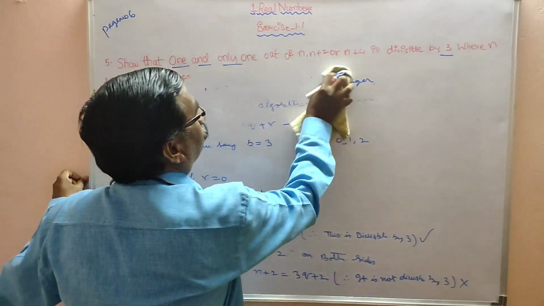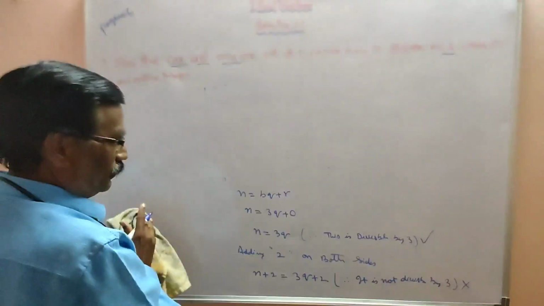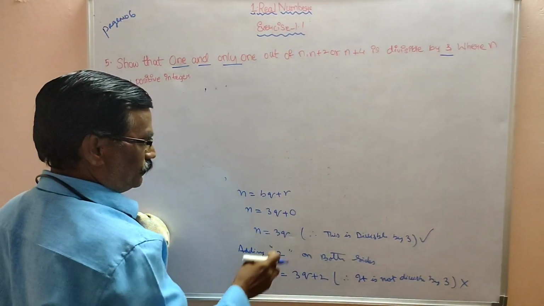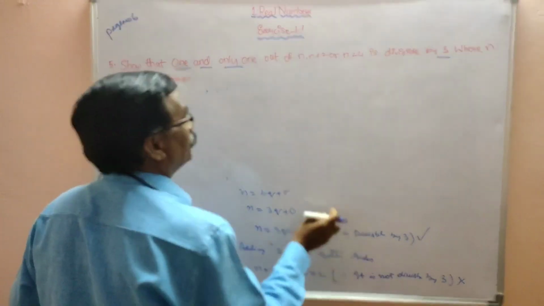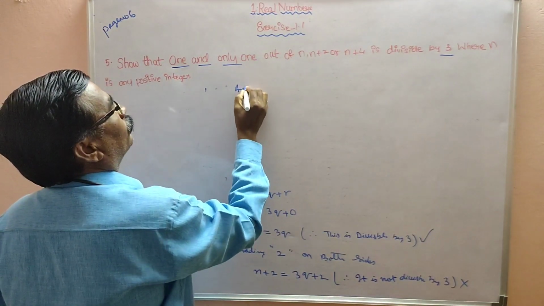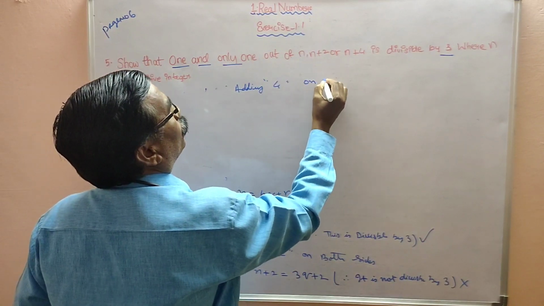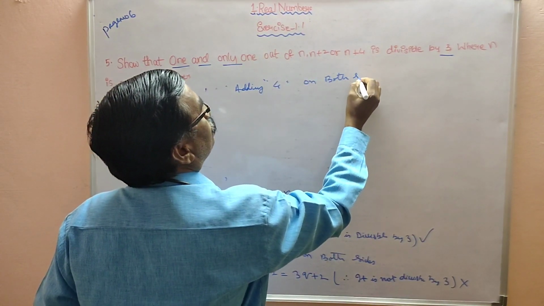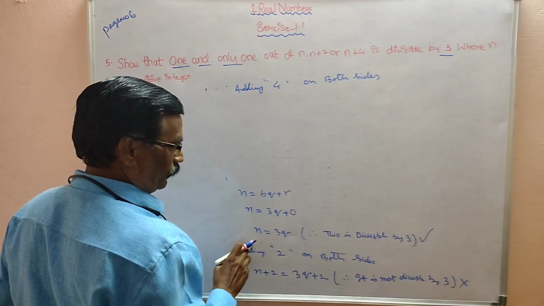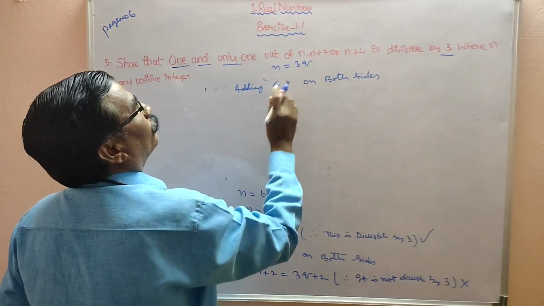And next step, n plus 2 completed. Now the question has 4, so adding 4 on both sides. If 5 were there, I would add 5 on both sides. So here 4 is there, so adding 4 on both sides. n equal to 3q, adding 4 on both sides.